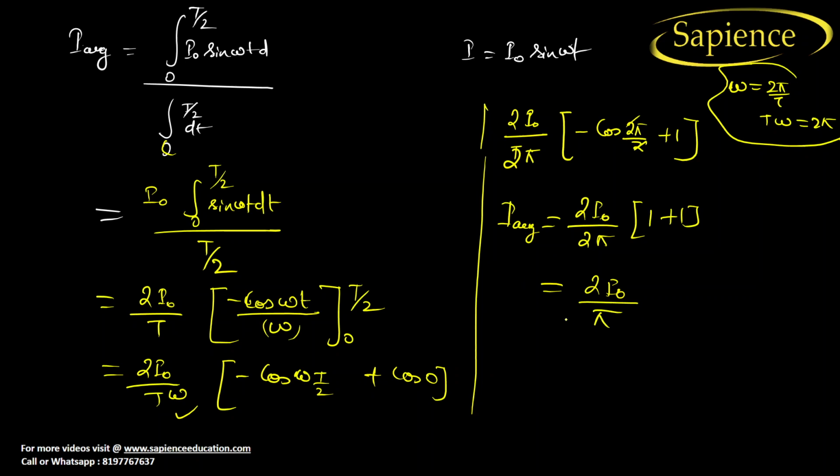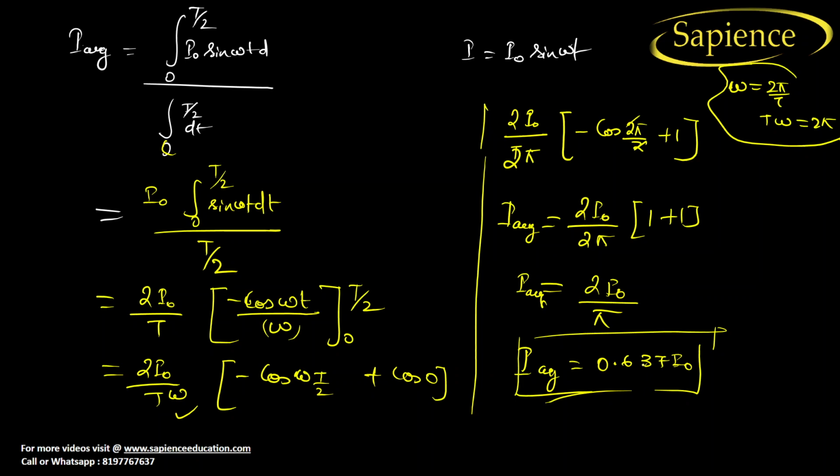This is the value. If you calculate it further, we get I average is equal to 0.637 I naught. It means that the I average current will always be 0.637 times the I naught.